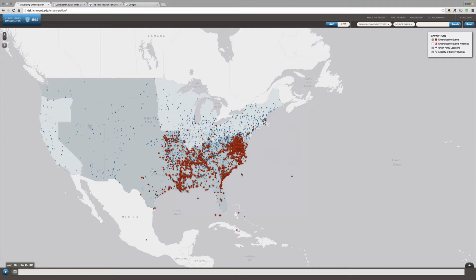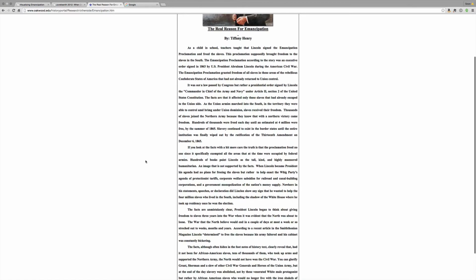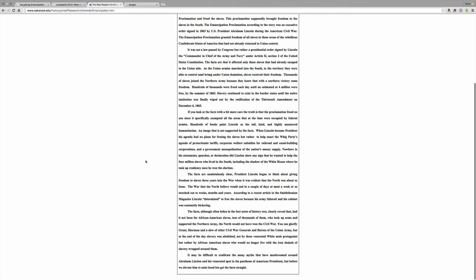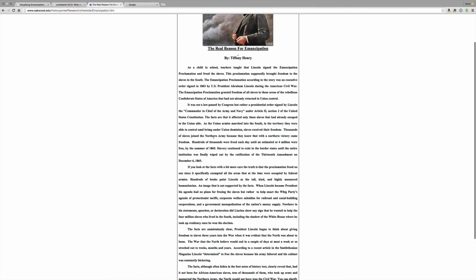there are hundreds, if not thousands, of sites like The Real Reason for Emancipation, which paints Abraham Lincoln as a racist who had no desire whatsoever to actually free the slaves.